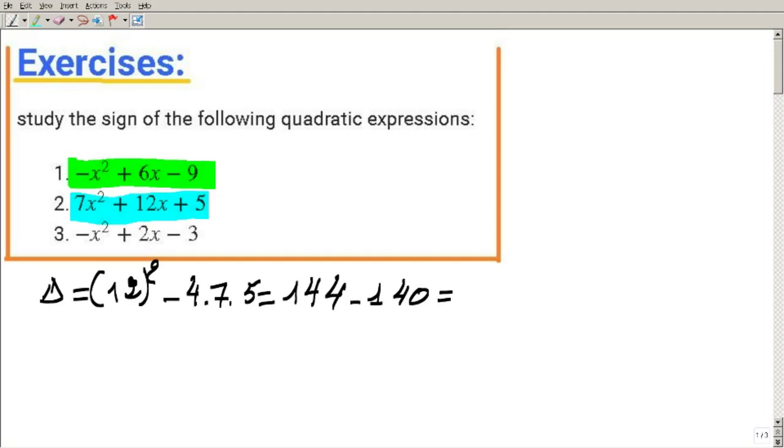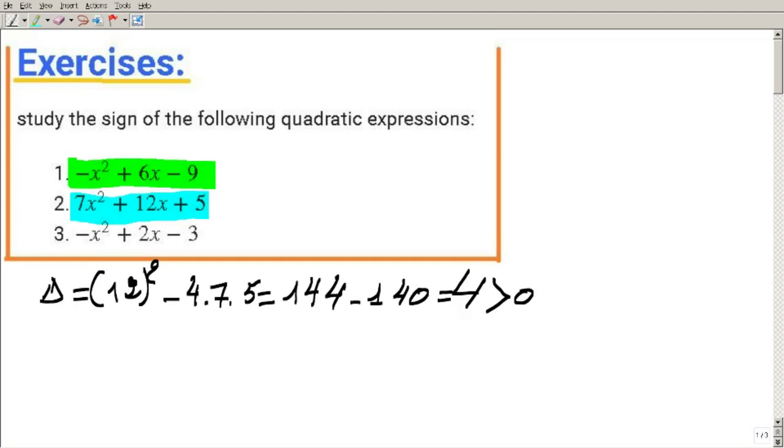So the difference of 144 and 140 is equal to 4. We remark that the discriminant is strictly positive.